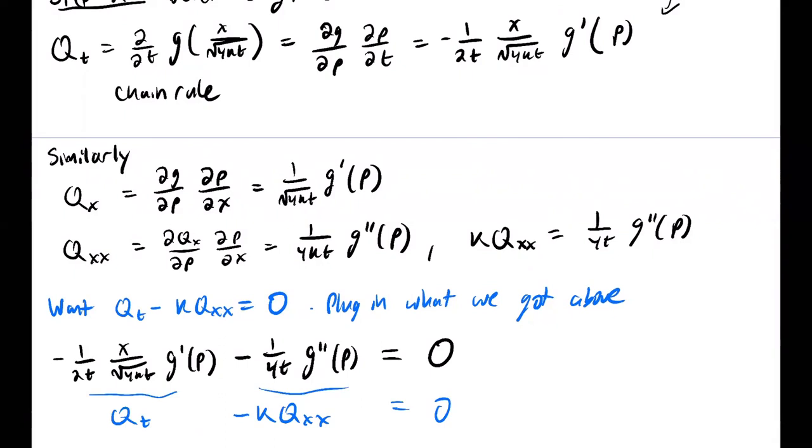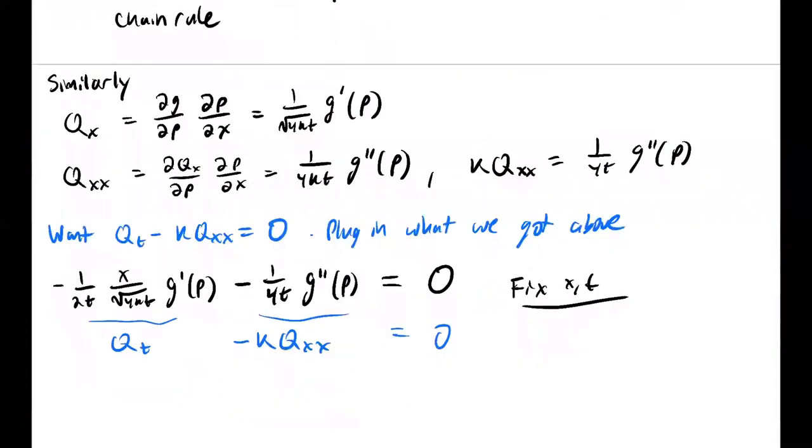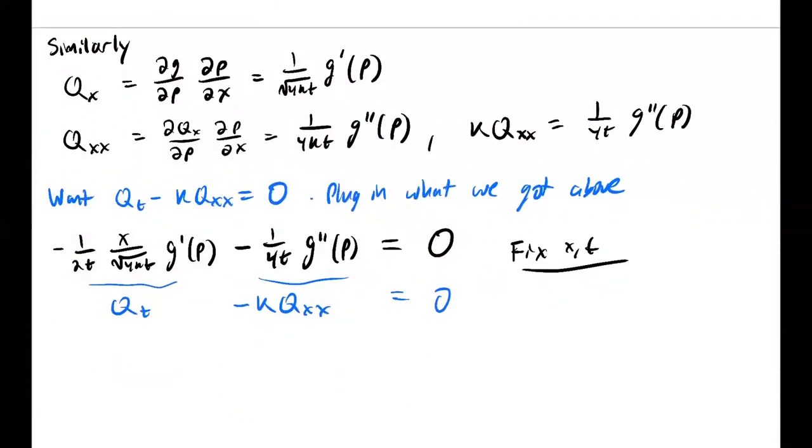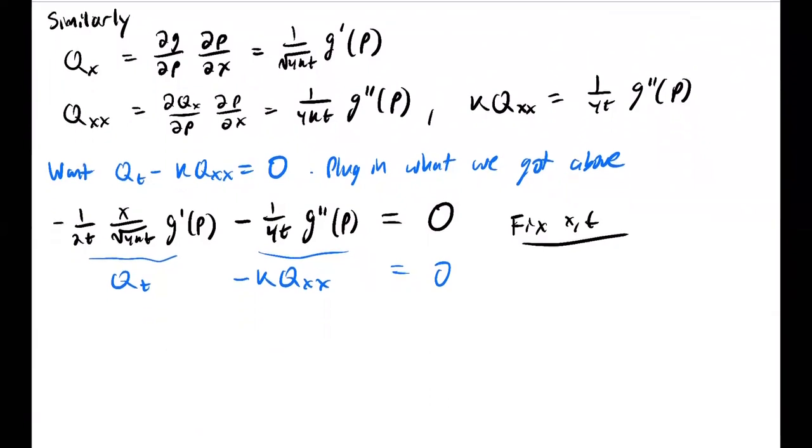Okay, well, what is this? Let's pretend that x and t are fixed, imagine they're constants. Well, this is just a second order ordinary differential equation in terms of the g's. And in particular, let me clear the coefficients of the second order derivative. So let me multiply everything by negative 4t.